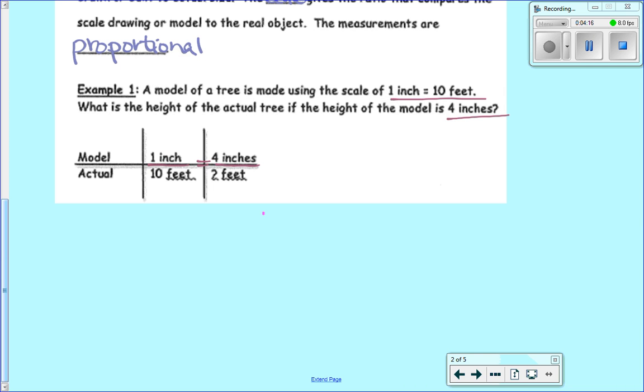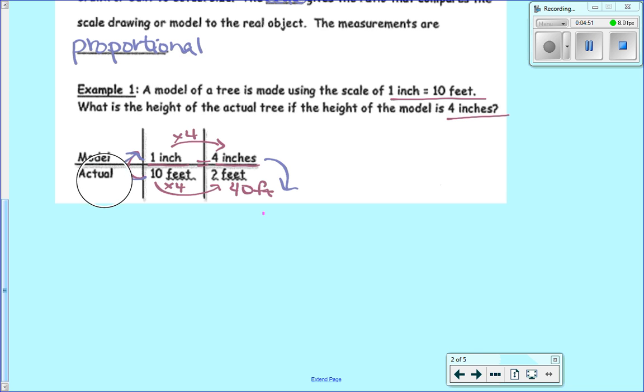Is there any relationship that we see that we can use? We can go between the fractions. We can also go within. Either way, you'll get the correct answer. If we go between, 1 times what is 4? Good, so 10 times 4 is 40. That gives us 40 feet. If we went within the fraction, actually we would have to go down, right?